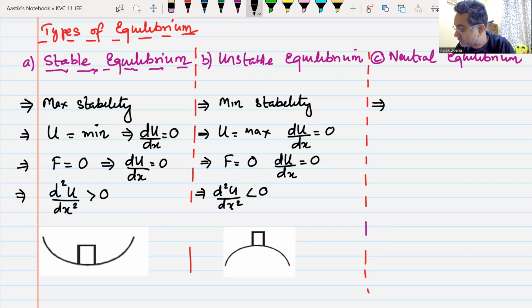Here what happens? Here potential energy remains the same. At every place, the potential energy remains at the same level. Not maximum, not minimum. It remains at the same level, but the slope is always equal to 0. The force is 0.